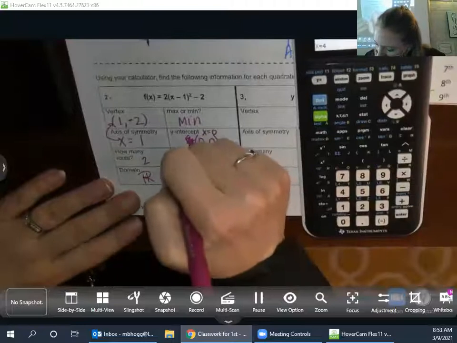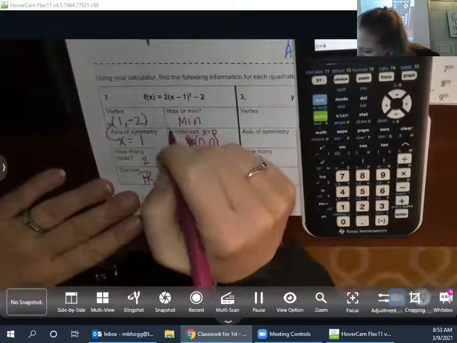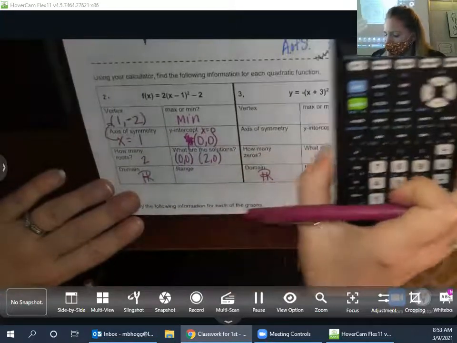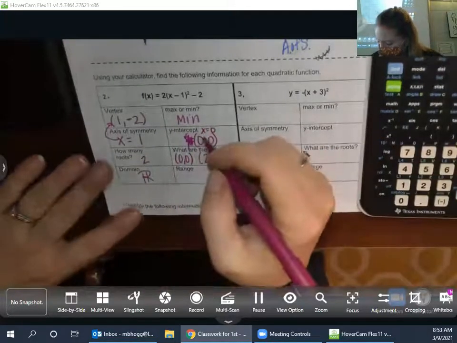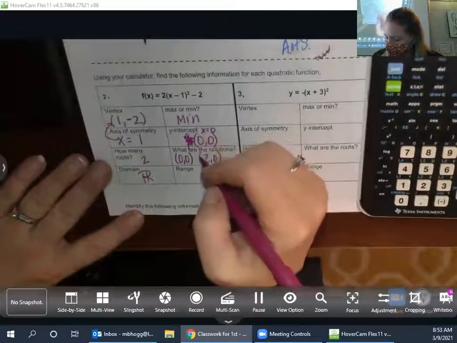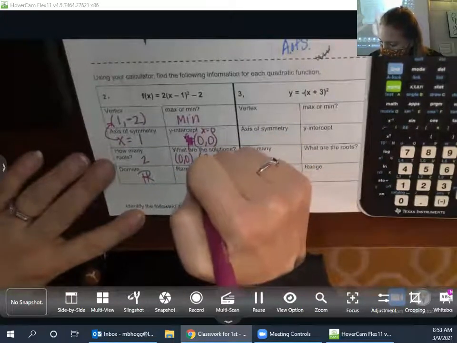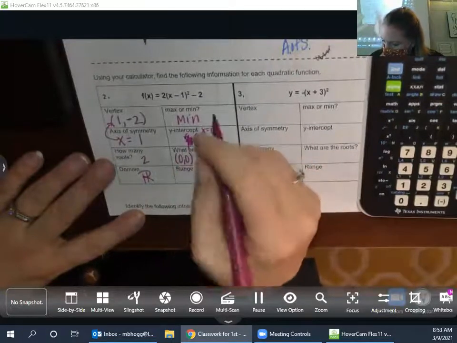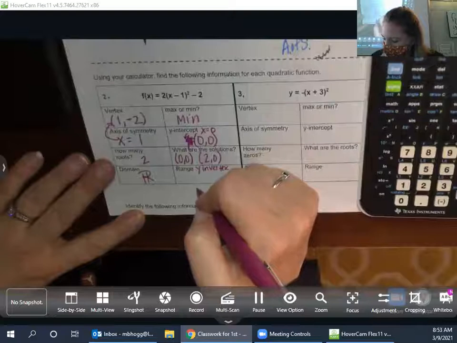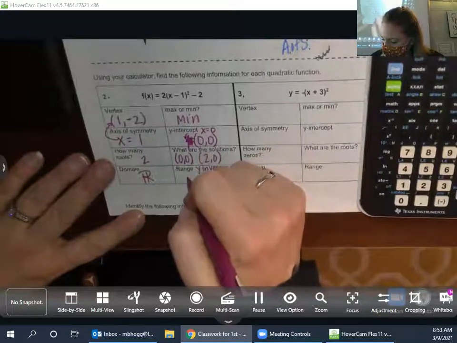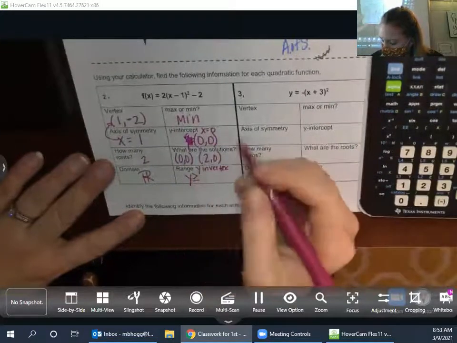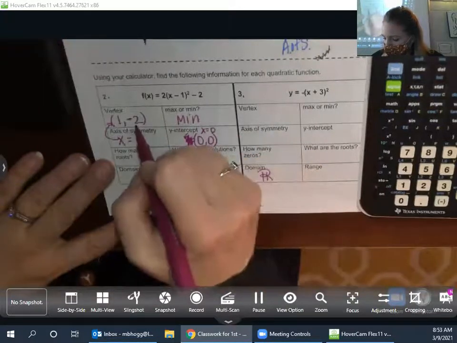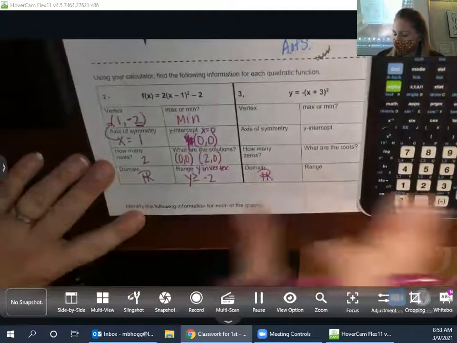So 0, 0 and 2, 0. The range is always connected to the y in your vertex. So since this one is going up, it's going to be y is greater than or equal to -2, because that's what our vertex is.